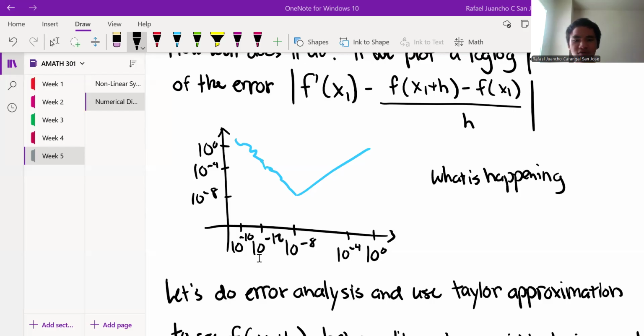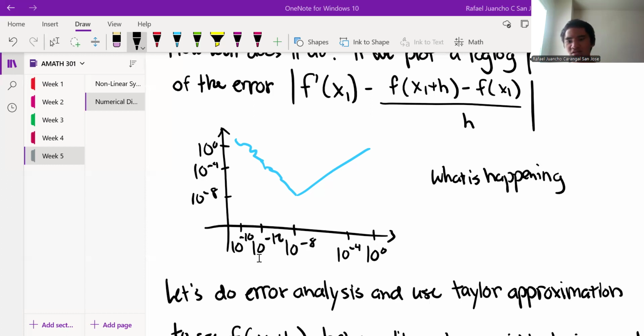And so this is due to rounding error in the computation of f of x sub 1 and f of x plus h. A computer actually computes 1 plus s1 times f of x sub 1 and 1 plus s2 times f of x sub 1 plus h, with s sub 1 and s sub 2 small and on the same order of magnitude, but we don't know their value.